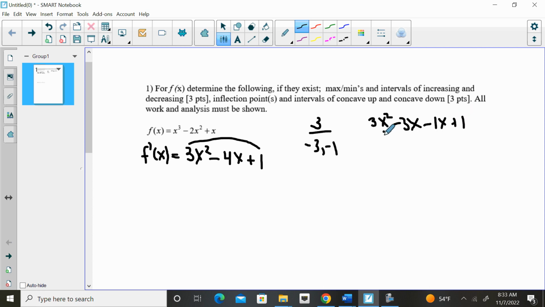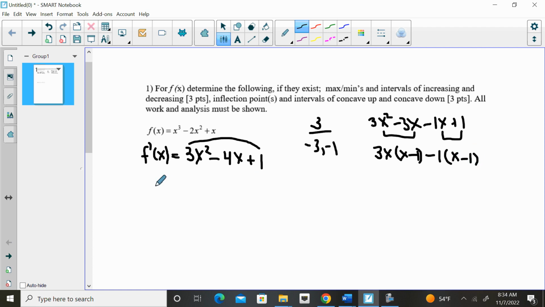So I group. I take out a 3x. I'm left with x minus 1. And then over here, I pull out a negative 1, and I'm also left with x minus 1.